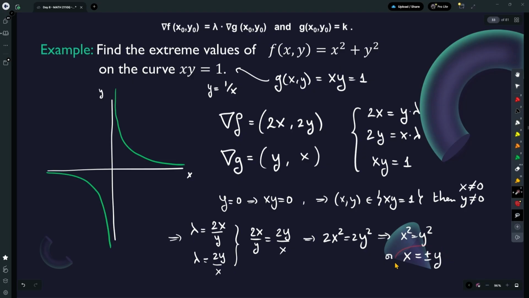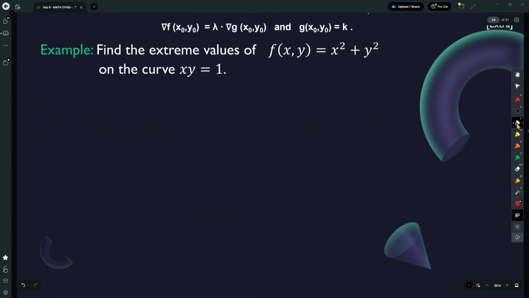What we have found is that x is plus or minus y, and we have to have points on x times y equals 1. So let me write those conditions here. We have that x is plus or minus y, and that x times y is equal to 1. That's where there might be critical points for the values of this function.